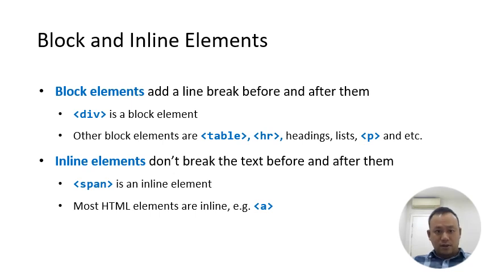First we have block elements. Block elements create a block-level structure, typically starting on a new line and taking up the full width available. The div just means division. Block elements are very important when we want to add a table, heading, or list.